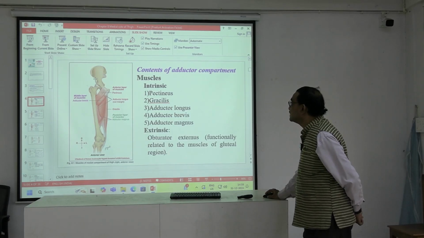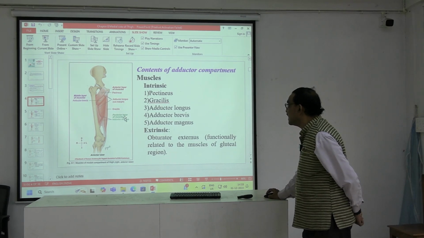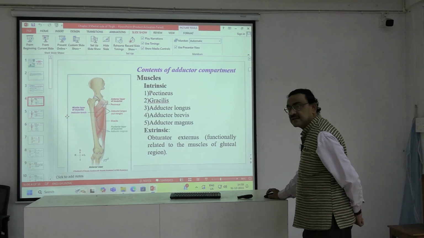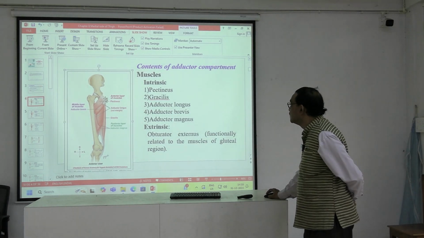We can see this is the hip bone and this is the femur, this is the tibia, this is the fibula and this is the patella. So, this is the medial side and this is the lateral side.